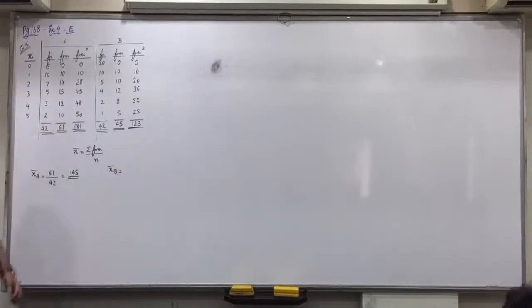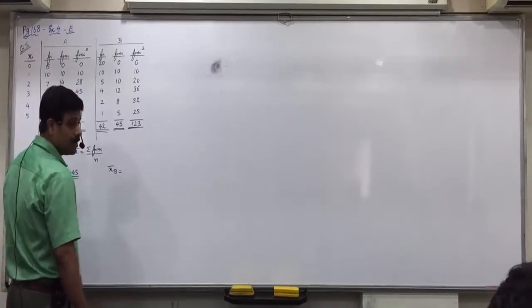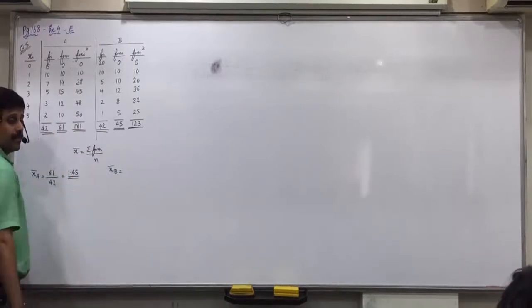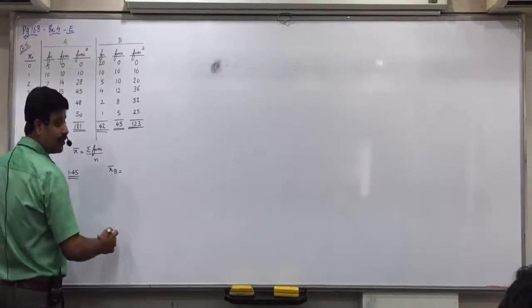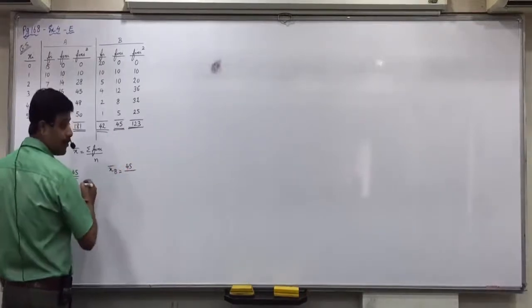Now x bar for team B in the same manner. Sigma fixi upon n for team B: sigma fixi is 45 divided by 42.